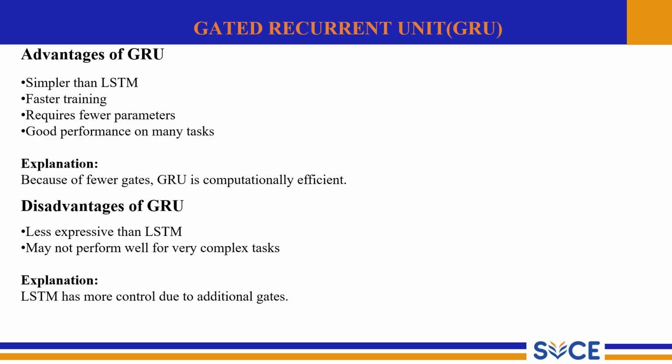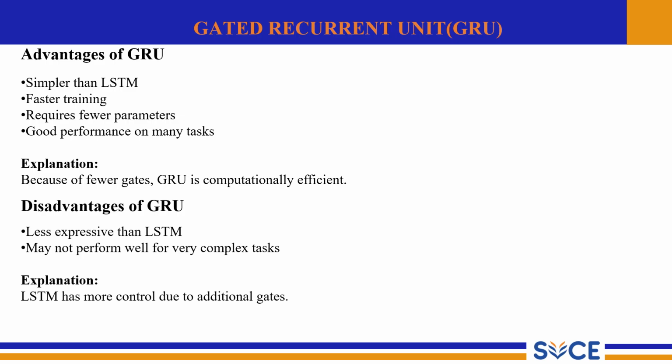So the main reason GRU is efficient is because it uses fewer gates, which reduces the number of computations needed at each time step, and it makes it computationally efficient without significantly sacrificing the performance.